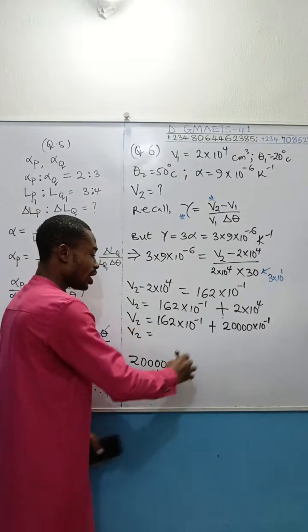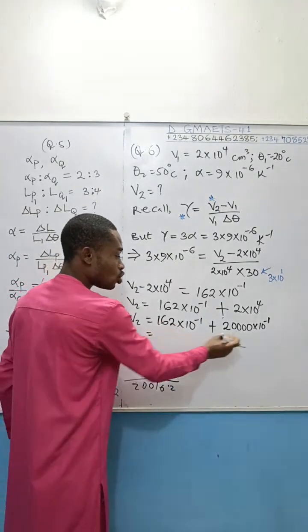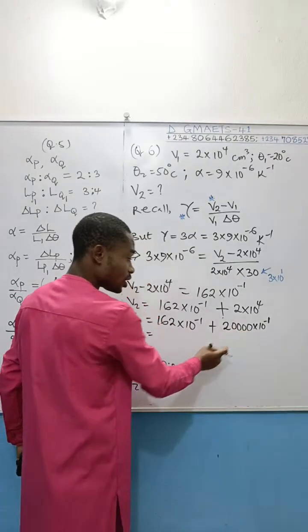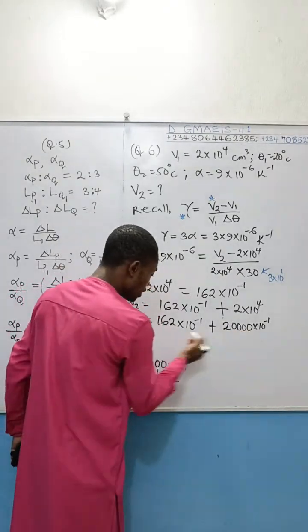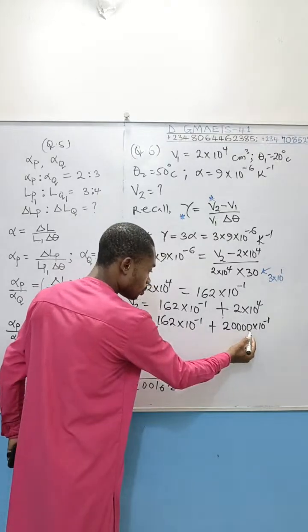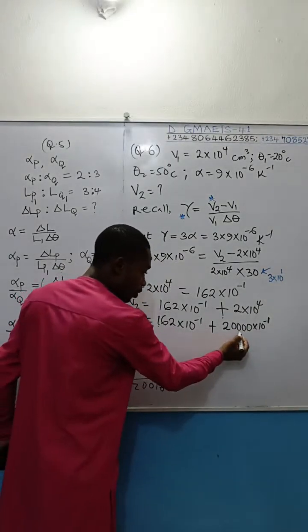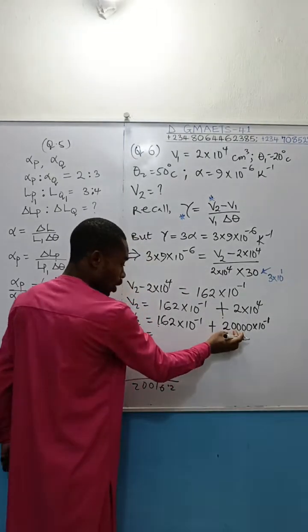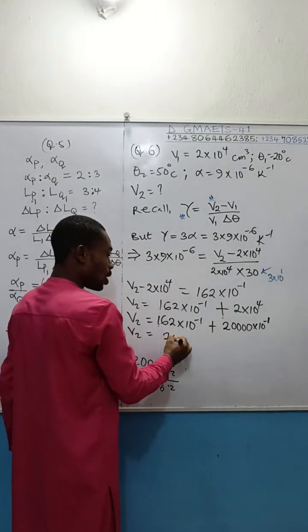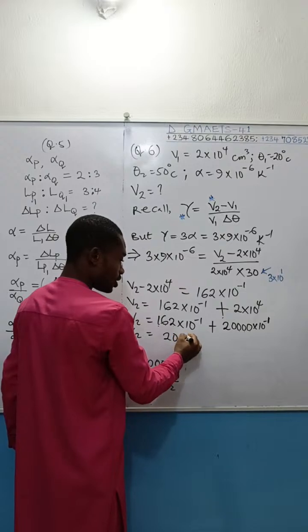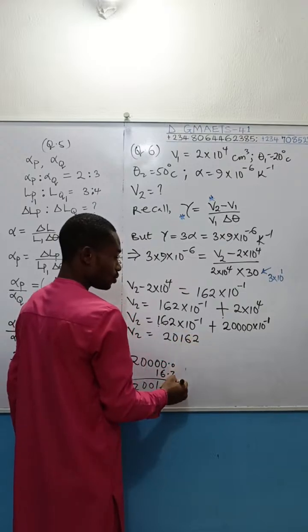At this point, I can now add 162 to 20,000. If you add 162 to this, 2 plus 0 is 2, 6 plus 0 is 6, 1 plus 0 is 1, then 20 here, which means this is 20,162.